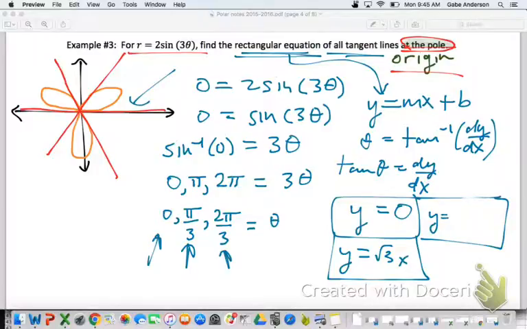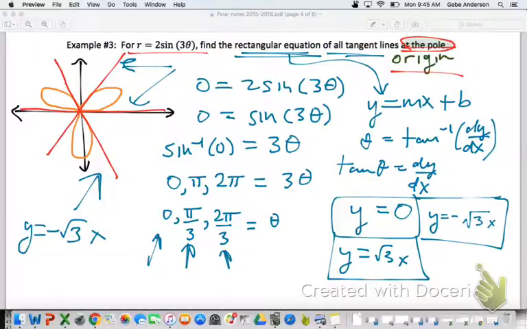Y equals negative root 3x. There we go. Okay, and so you can see maybe that the root 3x would go with this one, and the negative root 3x would go with that one right there. So we have those 3 equations of the tangent lines at the pole.